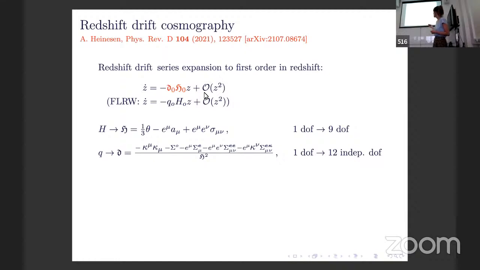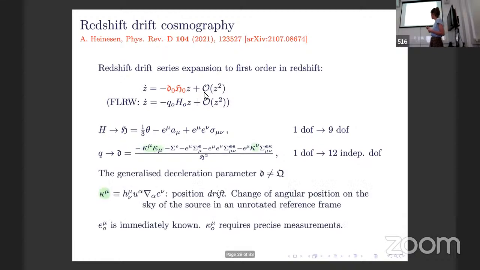Yeah, so I can also just briefly mention that it is possible to do cosmography with redshift drift. If we have low redshift measurements of redshift drift, it works much in the same way as for the luminosity distance. We can expand in redshift and see that we have a generalization here of the FLRW cosmological parameters, and there are some things that complicate the cosmography relative to what we saw for the luminosity distance.